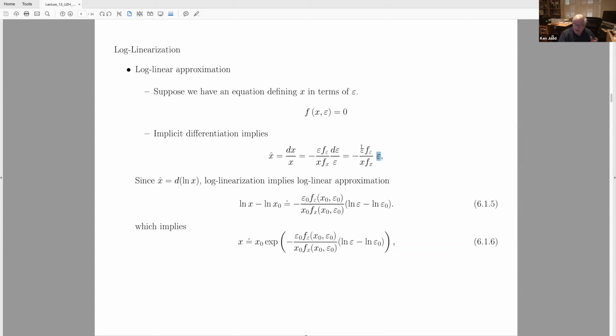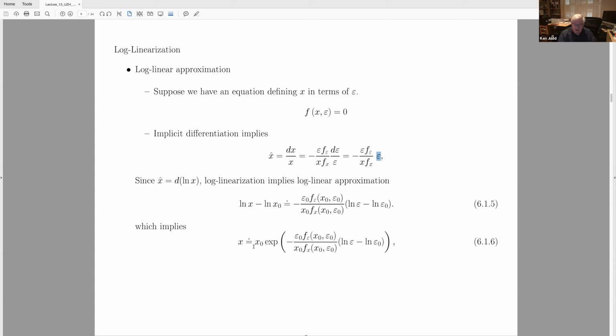So this is your hat calculus, as many people would call it. Now, what that means is that we can write out an approximation of the x function in terms of the log of x minus log of x naught equals this expression times log of epsilon minus log of epsilon naught.